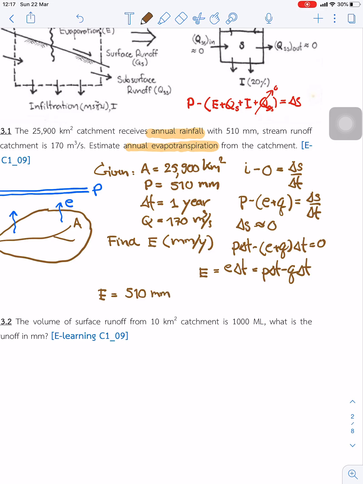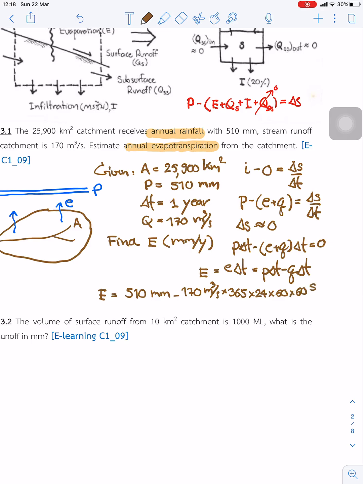Okay. Next we have to convert the flow from seconds to year. So given 170 cubic meters per second, you have to multiply by 1 year. We have 365 days, 24 hours, 60 minutes, and 60 seconds.